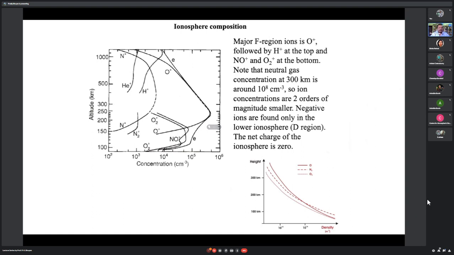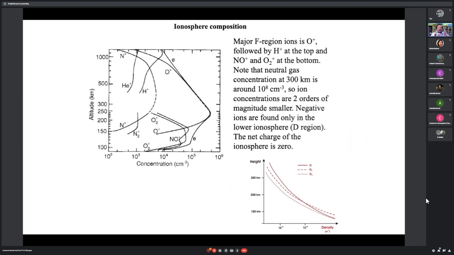That gave you ion densities, and you can also distinguish O plus, H plus, and He plus. We analyzed this here.